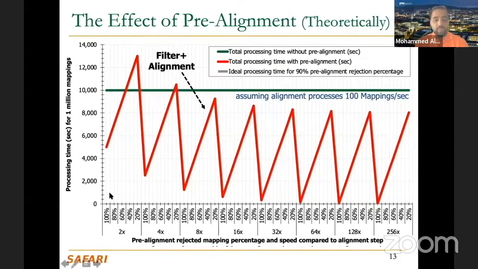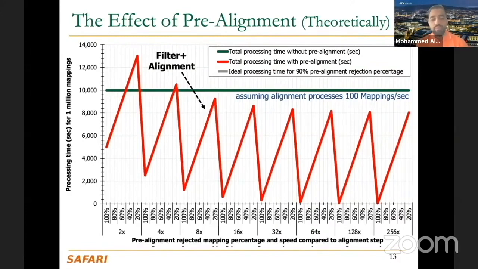Now, as we reduce the rejection rate, the filtering time starts to dominate and can even be slower than sequence alignment alone. So if we reject only 20% of the pairs over here at the peak, and 80% of the pairs go to the alignment, then what will be the total execution time?